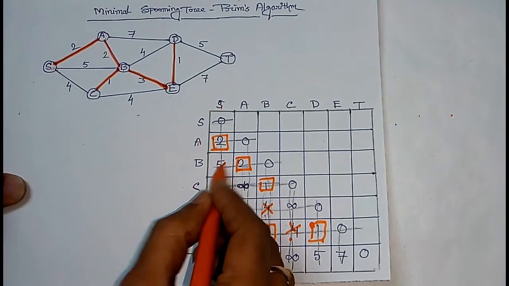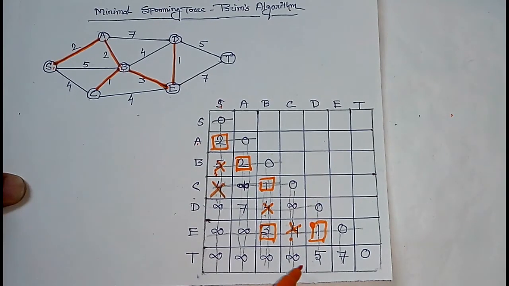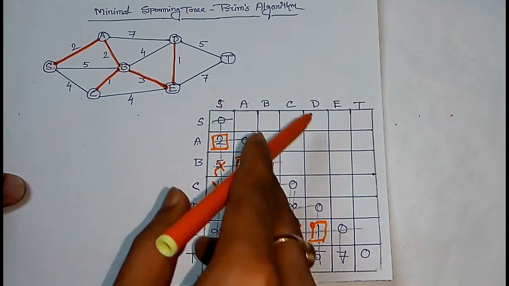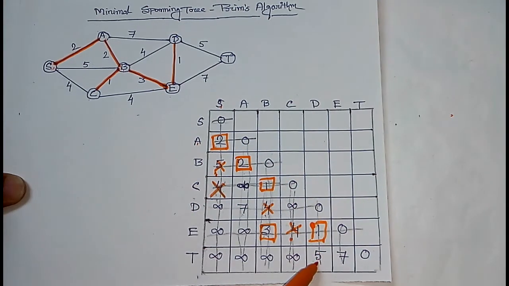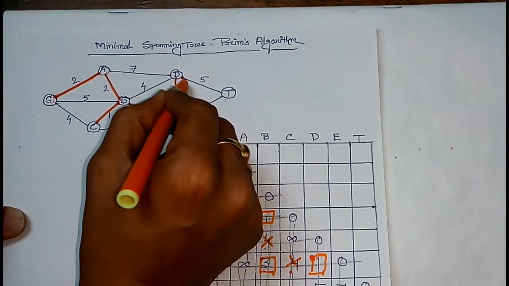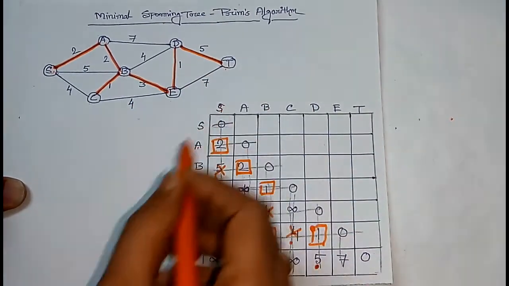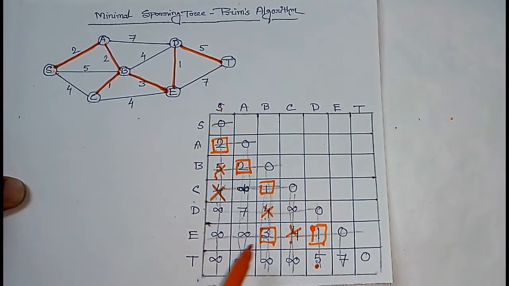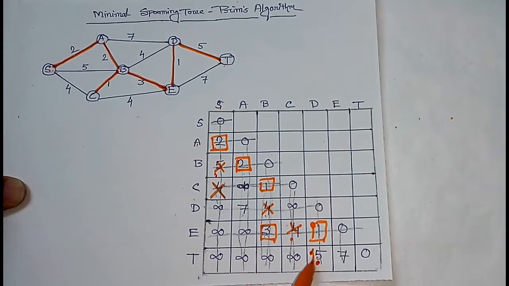So we can't add this 5, and only one 5 is remaining, that corresponds to the row of T and column of D. So if we pick this 5, then we have to add an edge between D and T. Here you see that we can add this edge because it will not form a cycle. So that means we are selecting this 5.